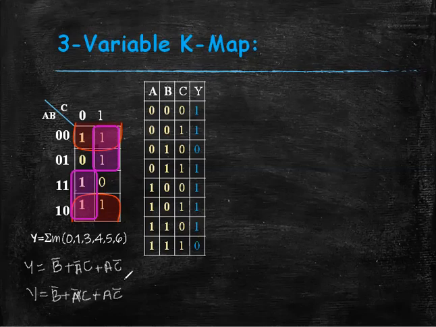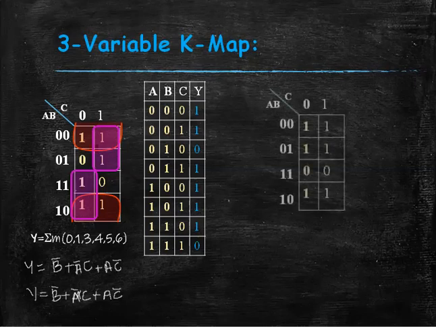Okay, this is the result. Now we are going to the next problem. Here a K-map with 6 ones is given. In the K-map we can see 6 ones.